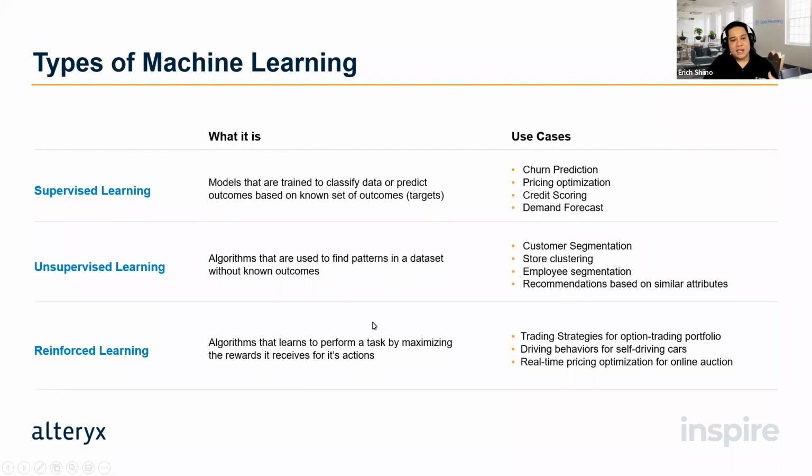And then we also have reinforced learning, and that's a different type of algorithm. I'm not going to cover much of this in this video, but those are models that can learn by the maximization of the rewards they receive. So you don't have a specific outcome. You're not just looking for patterns, but sometimes we can compare that with a game.